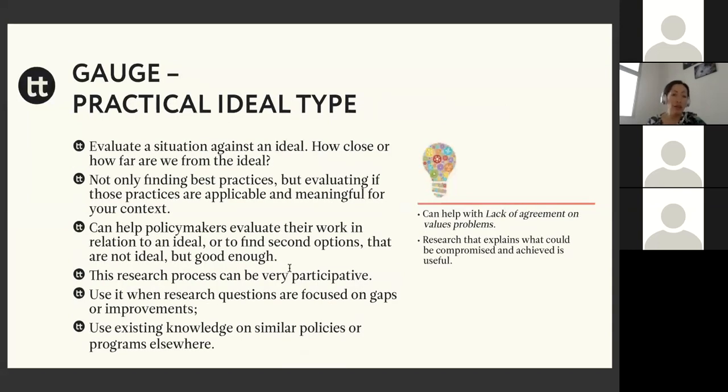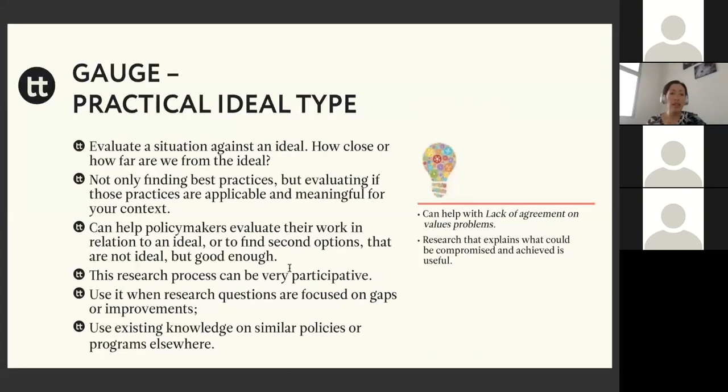Gauge, here we call this one the practical ideal type. And when we say gauge, what we mean is that we want to compare where we are against an ideal, right? And this is something that is very popular, for example, when we talk about the indexes of the good living, the human development index, all these.